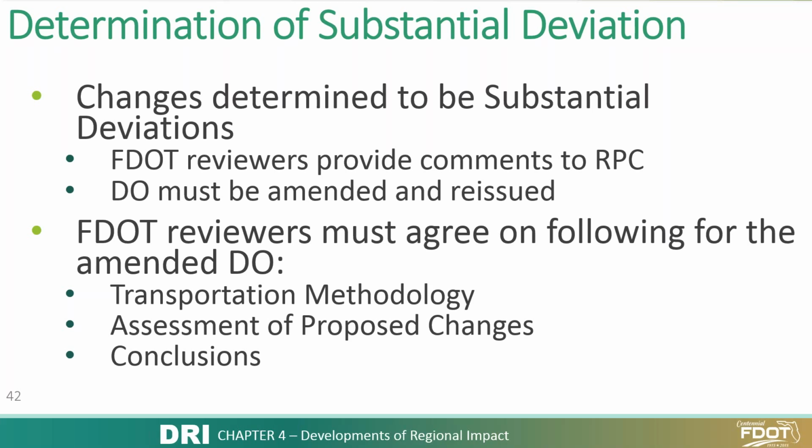This will lead to the amendment to the DO that has to be reissued by a local government. Now, what you do not see on this slide is what happens if the NOPC is found not to have a substantial deviation. Then the changes do not have to go through DRI review, and the DO is simply amended through a public hearing with the local government.